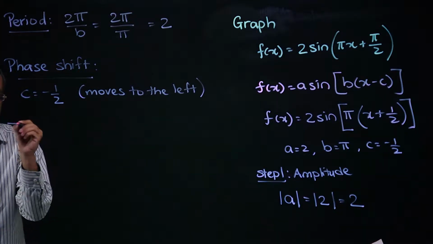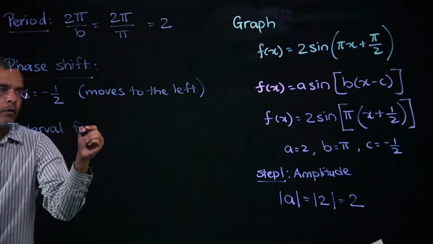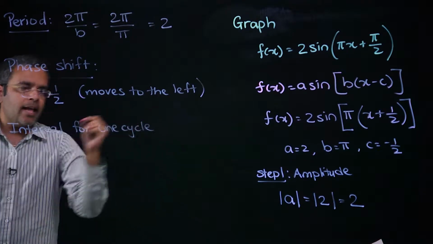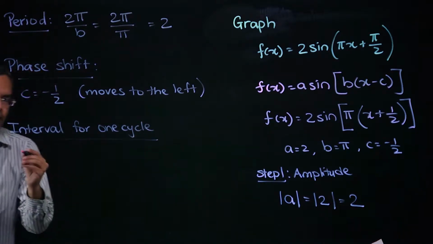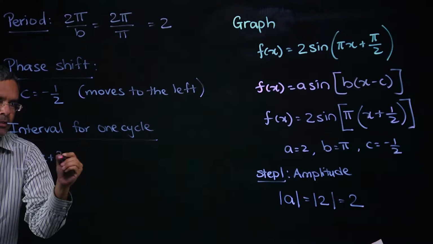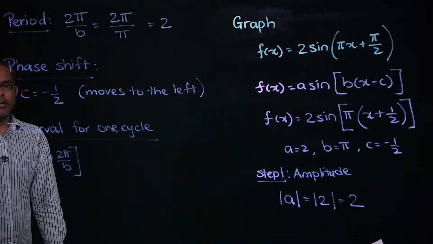So let's find the interval for one cycle. That interval is given by (c, c + 2π/b).